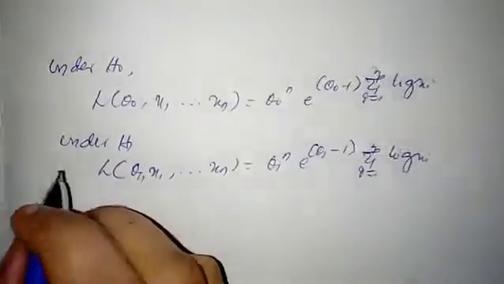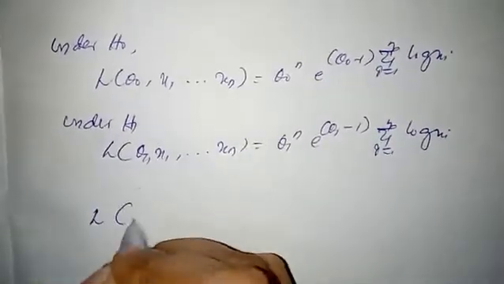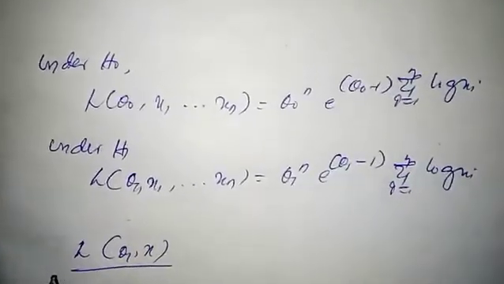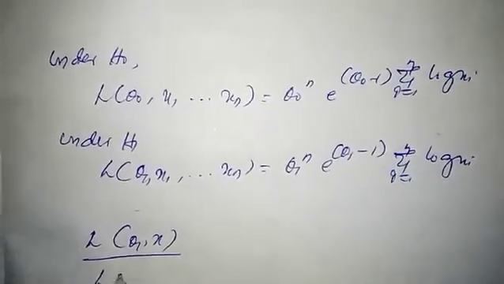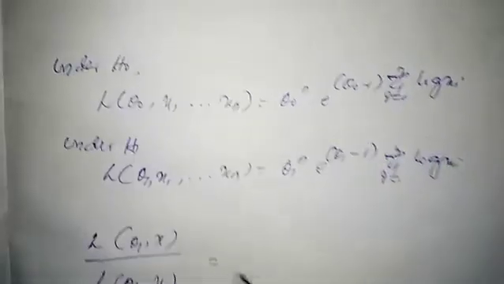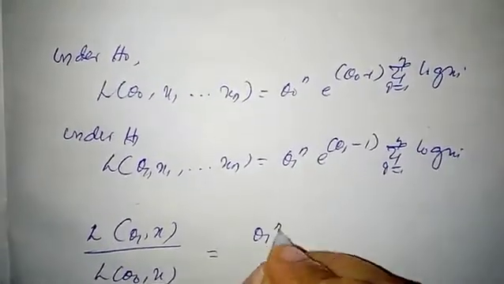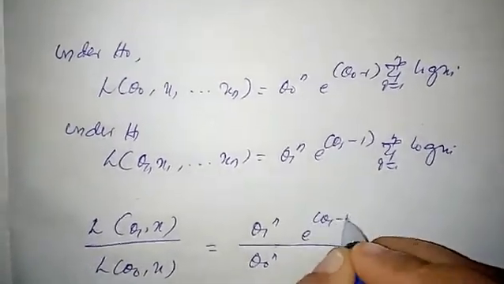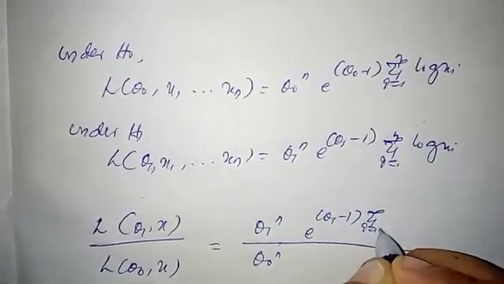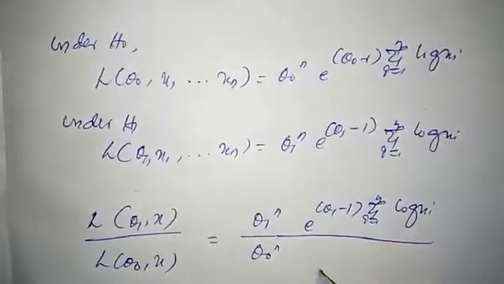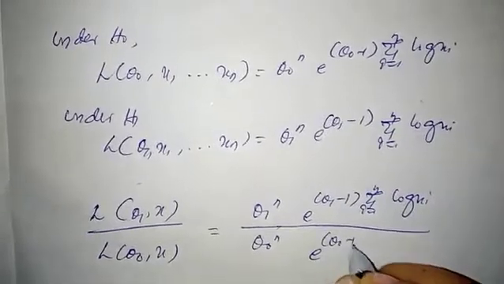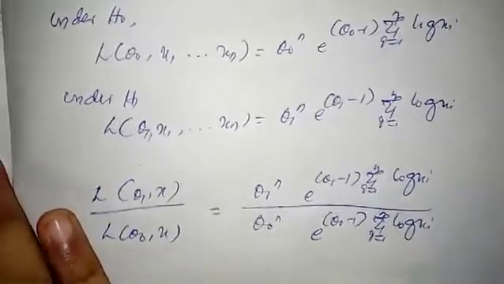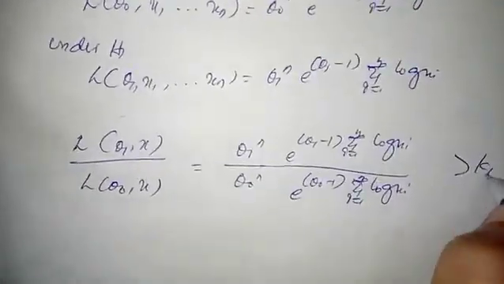Then we have to take the ratio, that is, the likelihood under H1 and the likelihood under H0, which is equal to theta 1 power n over theta naught power n, into e power (theta 1 minus 1) summation i equal to 1 to n log xi over e power (theta naught minus 1) summation i equal to 1 to n log xi, which is greater than k1.